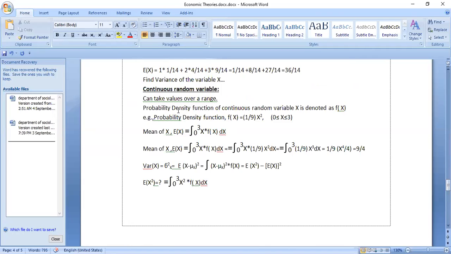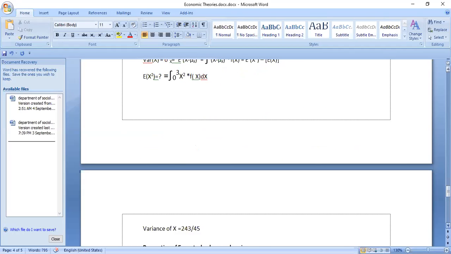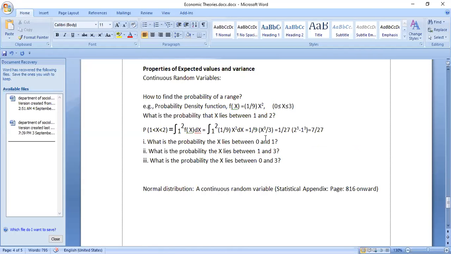So that's what you are doing here. You are measuring the area under the density function between two values, 1 and 2. That will give you the probability of x lying between 1 and 2. So the probability that x lies between 1 and 2 is nothing but a definite integral from 1 to 2 of that density function, which is 1/9 x squared.